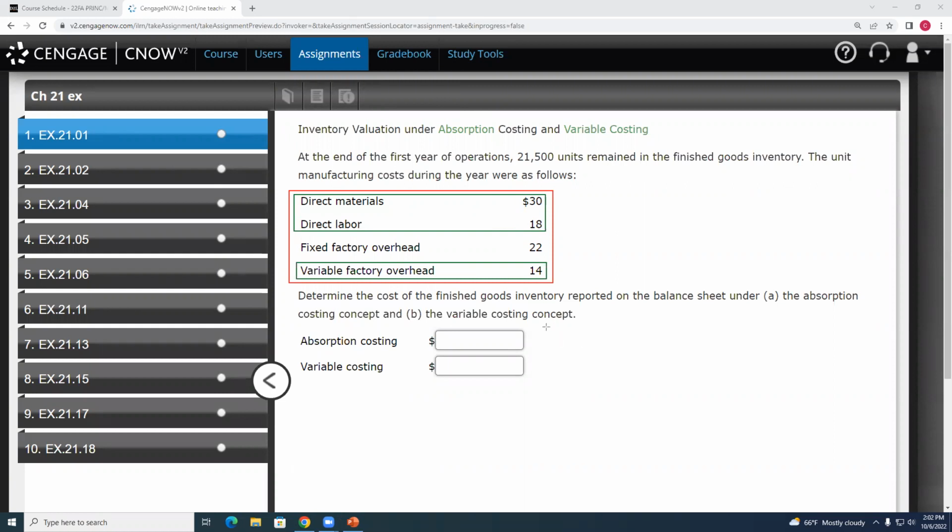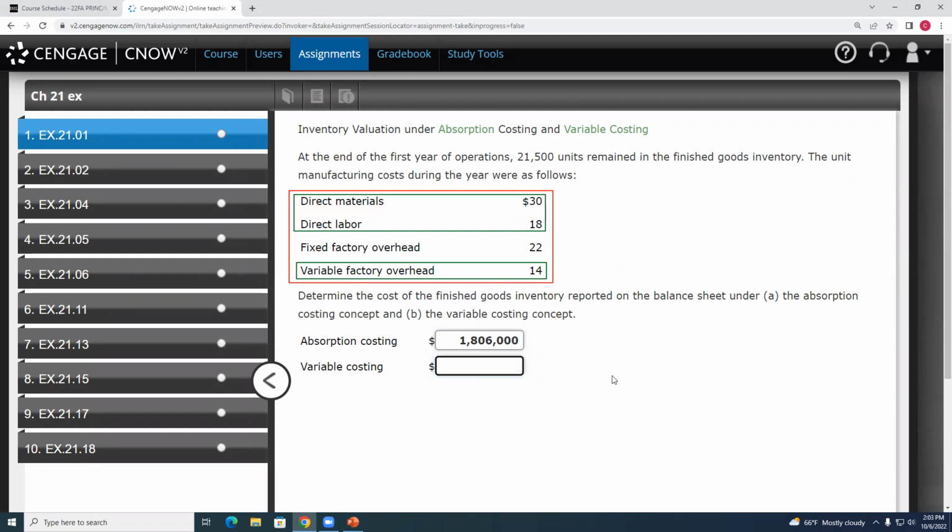So absorption costing, all 4 of those unit costs, 30 plus 18 plus 22 plus 14. So that would be a unit cost of $84 each times the 21,500 units. And under absorption costing, the value of the ending inventory would be $1,806,000.